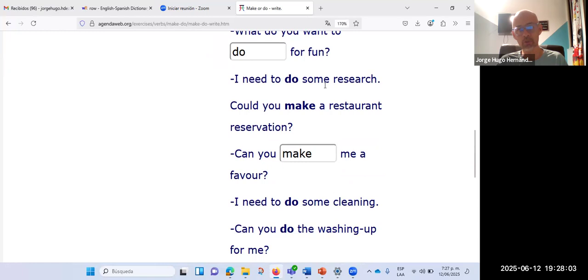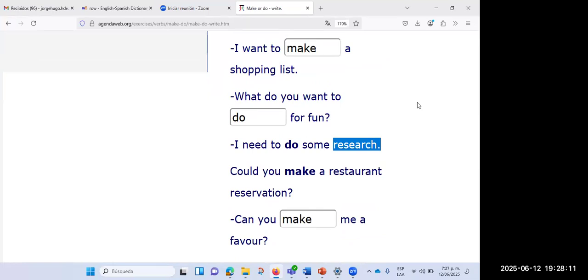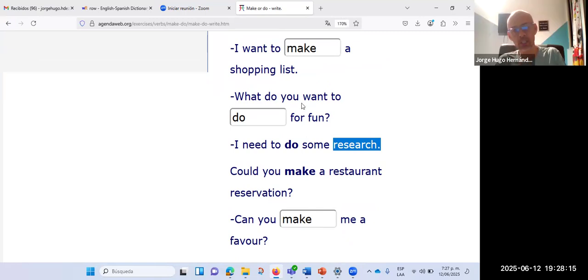I need to do some research. You know what is research, guys? What is it? Investigation. Okay, the research is an investigation. And remember that when we are writing, we say, I need to, no?